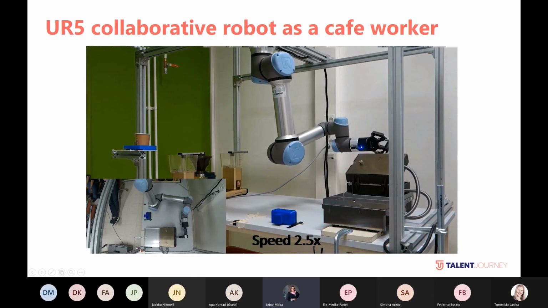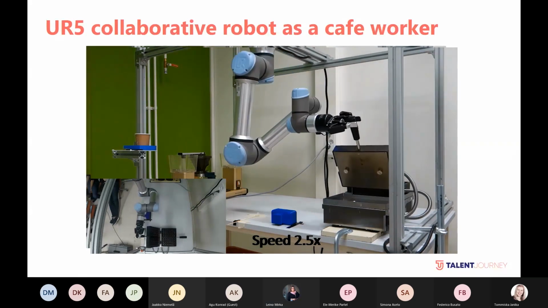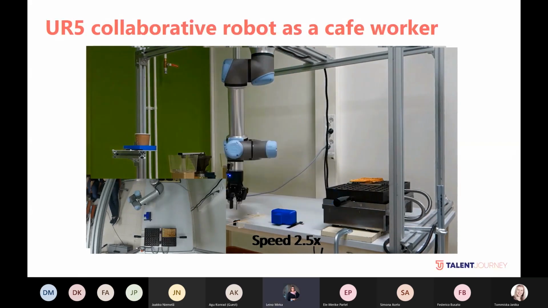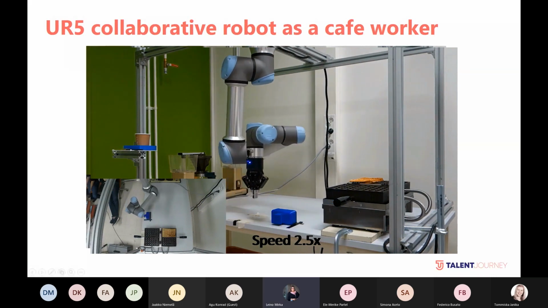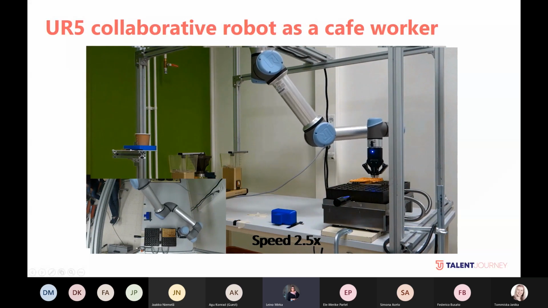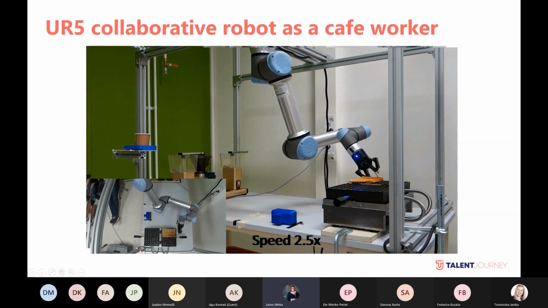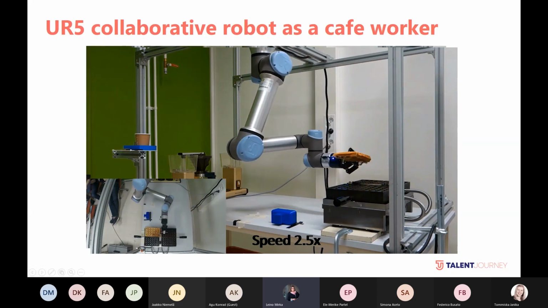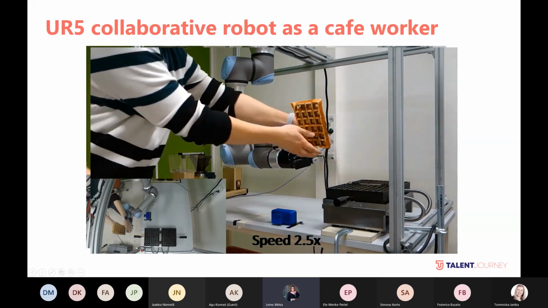Now the waffle is ready. And now, as you can see, the waffle appeared there, because now the robot is sticking this stick into the waffle so that it could be given to the customer.